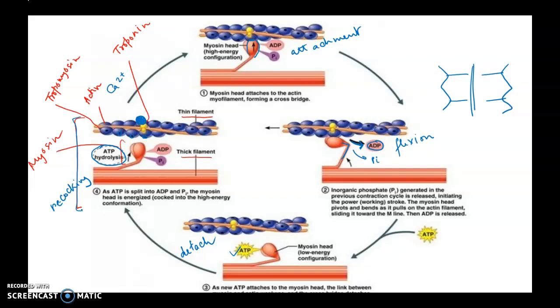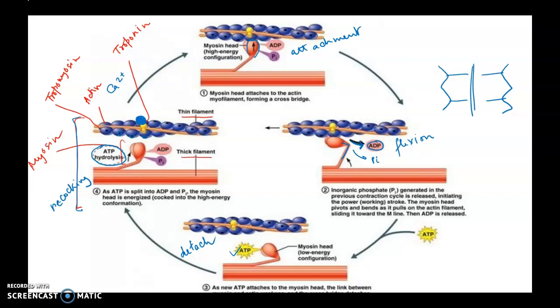The myosin molecule is in high energy state with ADP and inorganic phosphate, denoted by PI. So the myosin heads have ADP and PI attached to it, and it's ready. It's in high energy state. It's ready for an attachment.